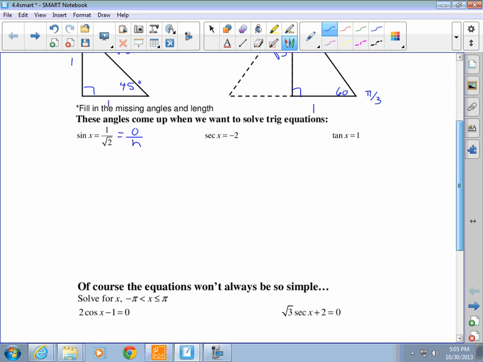So now I'm going to use that to draw my triangle. Sine is a positive value, so I need my CAST rule as well. So I know that sine is positive in here and here, all in sine. So if I draw this in, these are my 2 possible solutions.